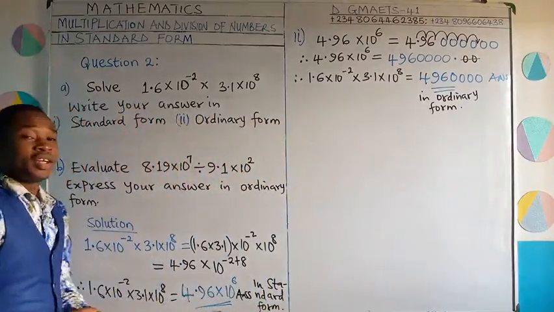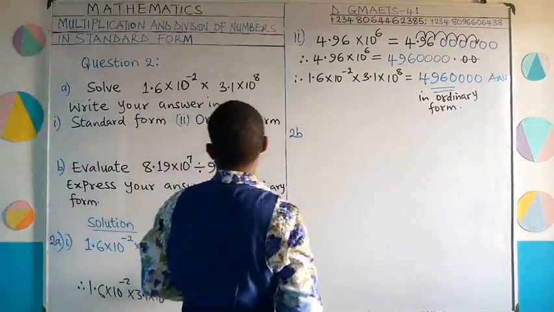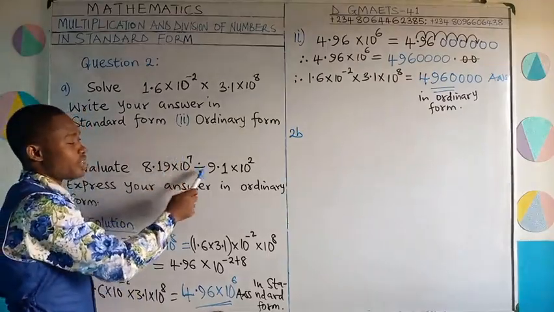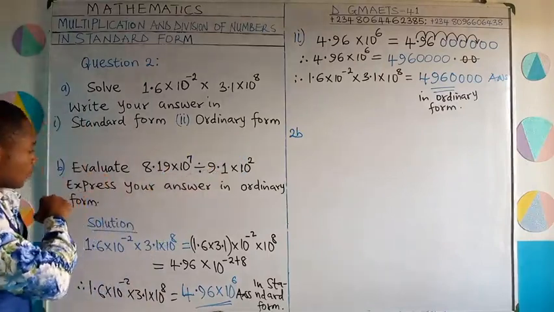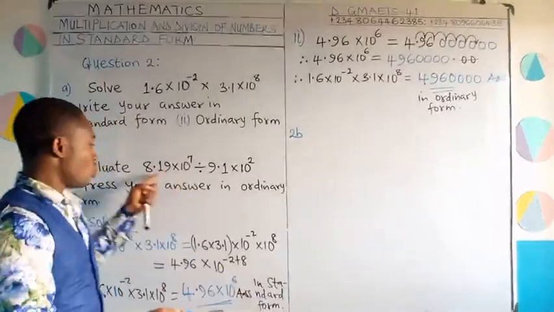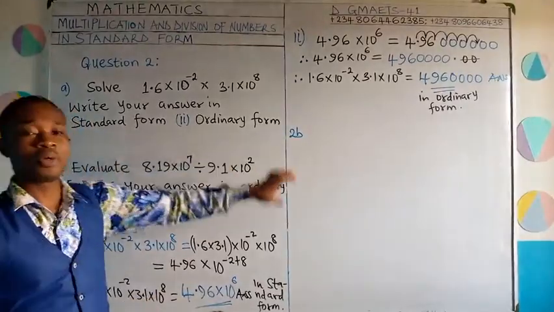Okay. Let us move on to the B part of the question, 2B. In 2B, we have 8.19 times 10 to the power 7 divided by 9.1 times 10 to the power 2. We are to express our answer in ordinary form. Evaluate this, get your answer in ordinary form. Now, this question given to us is in standard form already.